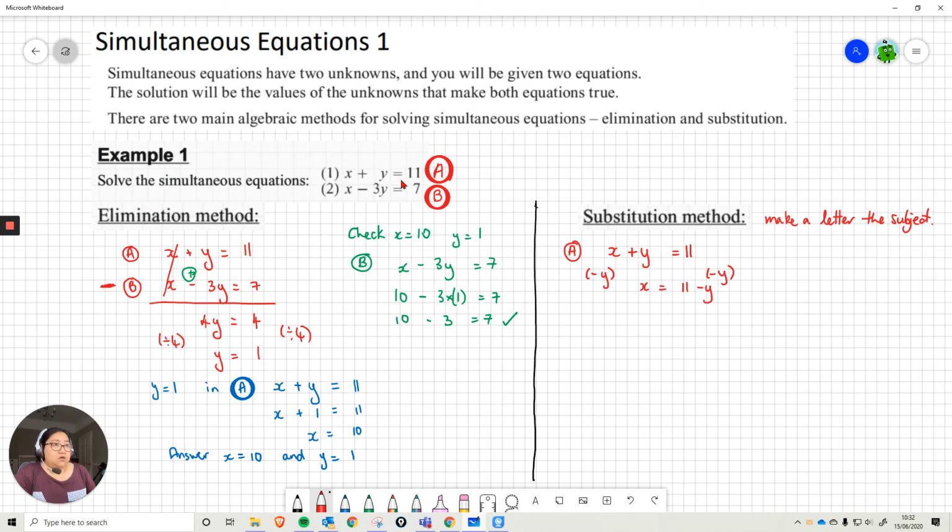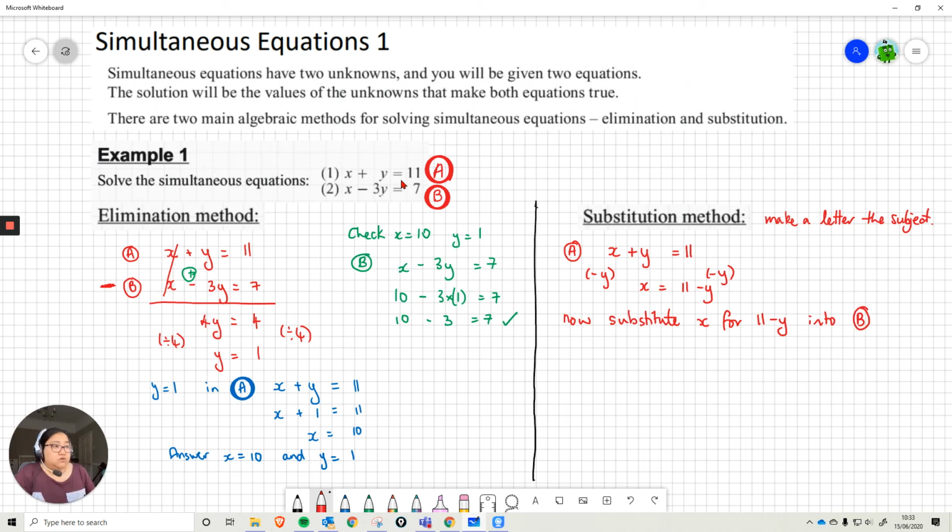Okay. Now, once we've done this and made one of the letters the subject, this is where we now substitute. And this is why it's called the substitution method. I am now going to substitute x for 11 minus y into the second equation.